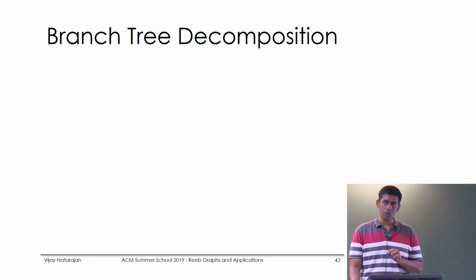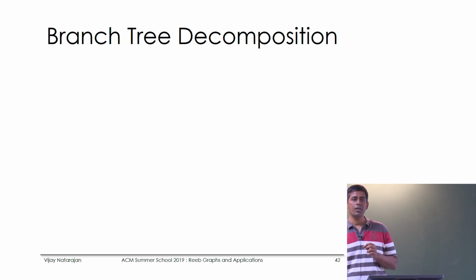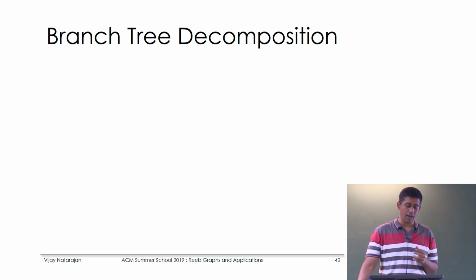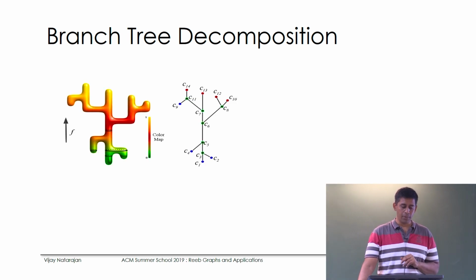So, when you have a contour tree, we have already seen simplification, right. This simplification gives us a very nice representation of the tree, and this is called the branch tree decomposition, right.